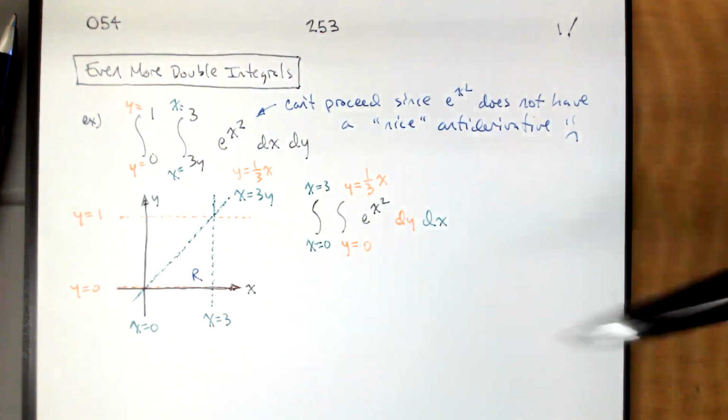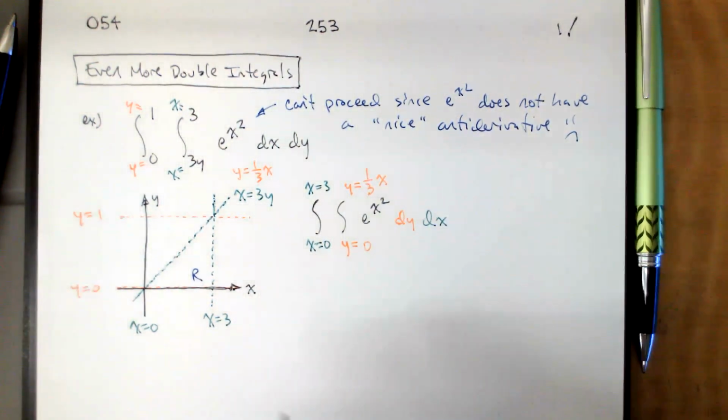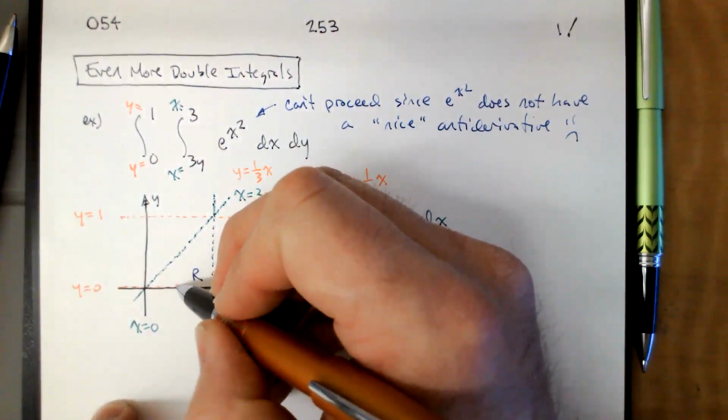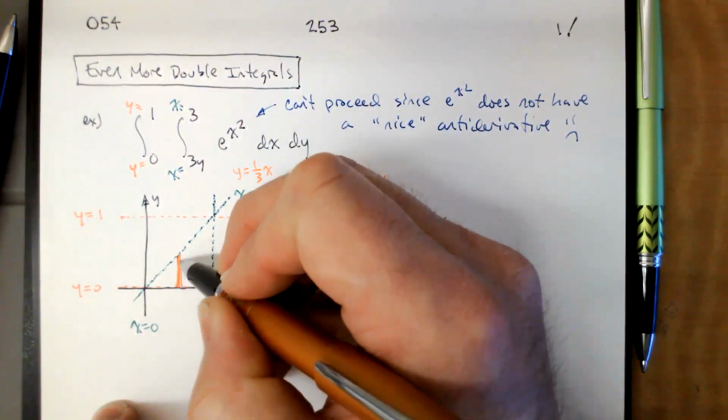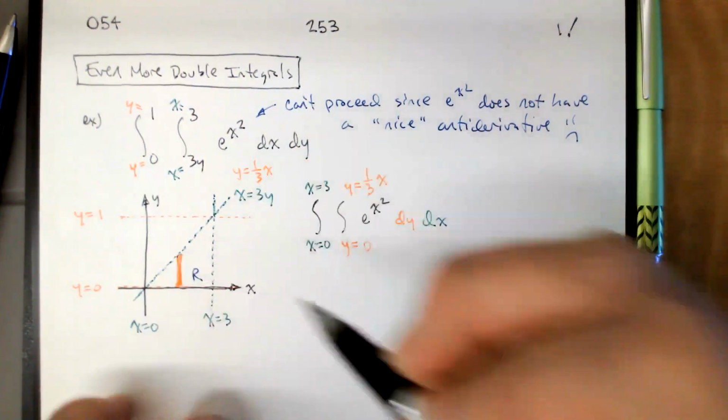So we pick a typical x value. What's the lowest y? What's the highest y? What's the bottom, then to the top?